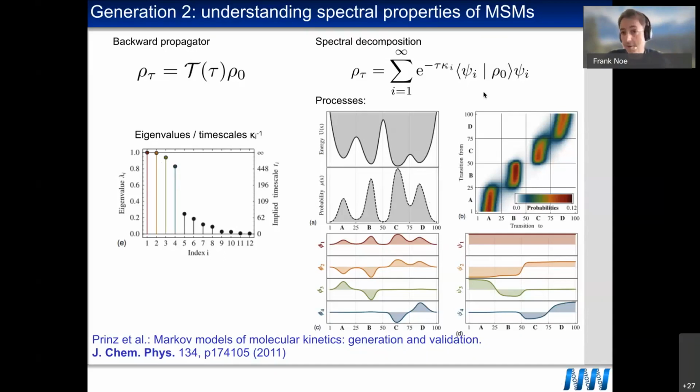Maybe there's a proline flip somewhere which makes the dynamics slow, and that has nothing to do with folding. So if you want to find this out in high dimensions, then essentially what you want to do is compute a model that gives you some information of what the eigenvalues and eigenvectors or eigenfunctions are, so that you can find the long-lived processes and the slow transitions. And Markov state models are exactly that.